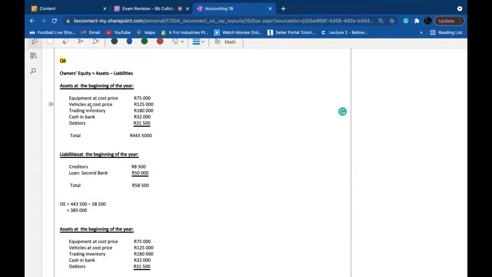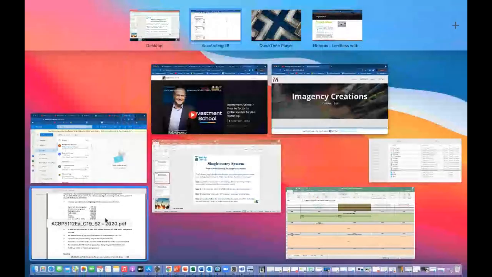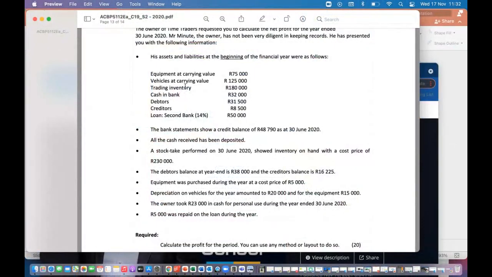So assets first, get your total on your assets. We've listed, this is at the beginning of the year. We haven't yet looked at the end of the year. Beginning of the year, 75,000, then your 125,000. I just want to see something here quickly.